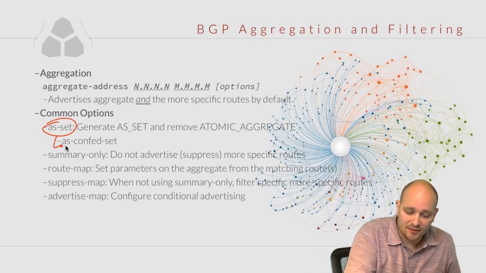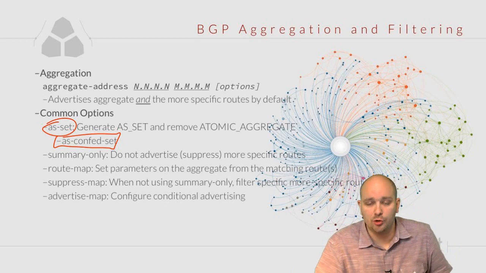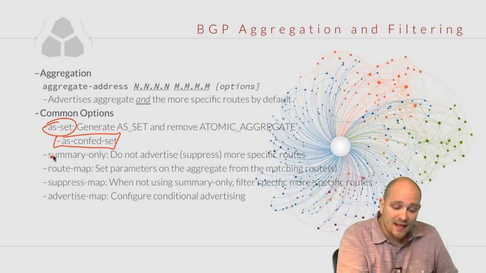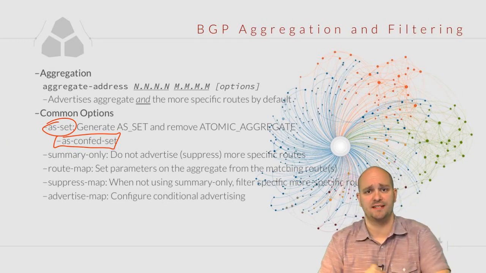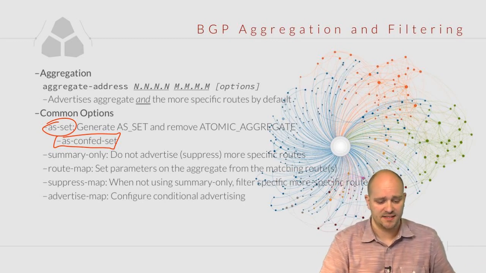Similarly to AS set, we have the option of AS confed set. This is used when we have summarization in the confederation scenario, and it lists the sub-autonomous systems when creating the summary.